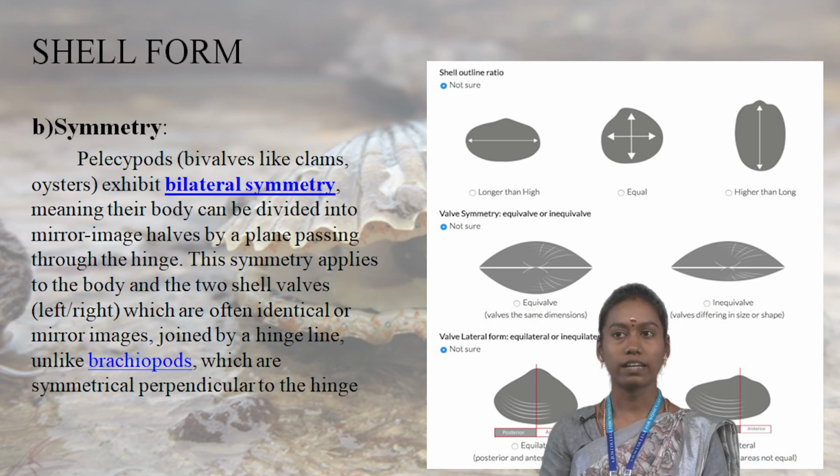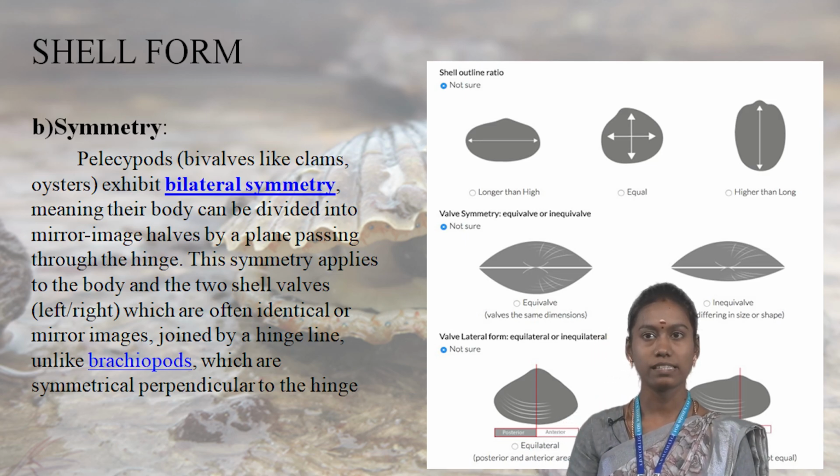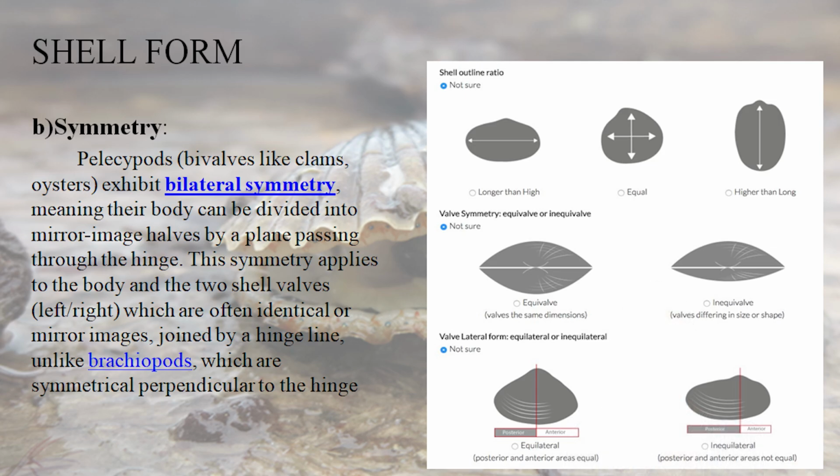In this right side picture, you can see the symmetry of the Pelecypods. In the second row, we can see the equivalve and inequivalve. Equivalve means both valves have the same dimension and same symmetry, and in the inequivalve, the upper valve is very large compared to the lower valve. Then in the last row, you can see the equilateral and inequilateral.